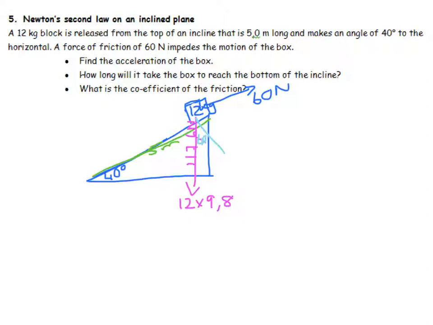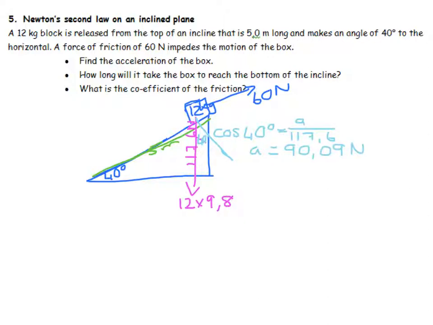The component that is adjacent, I'm going to say cos of 40 degrees is equal to my adjacent side that I don't know over my hypotenuse, which is 117,6, and I find that this adjacent side over here turns out to be equal to 90,09 newtons.